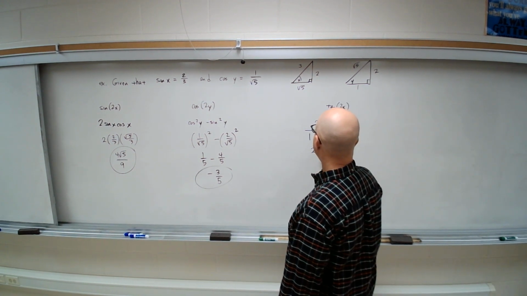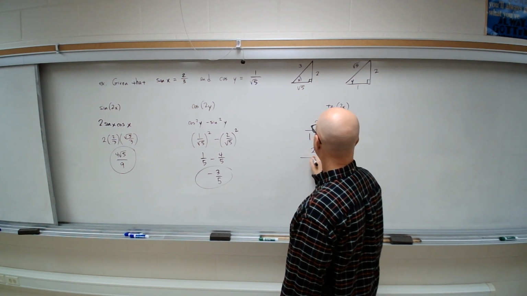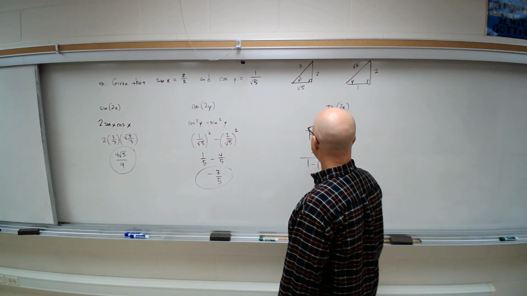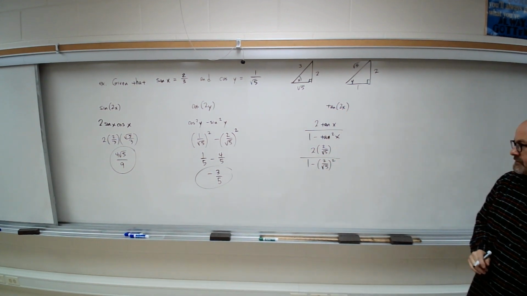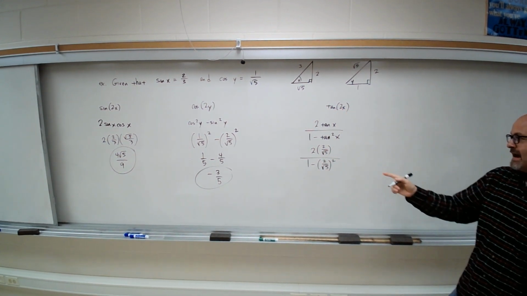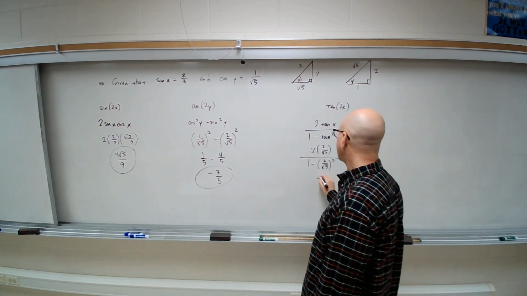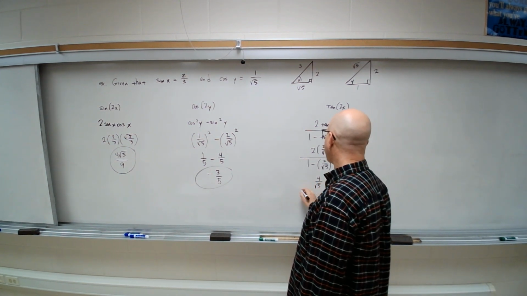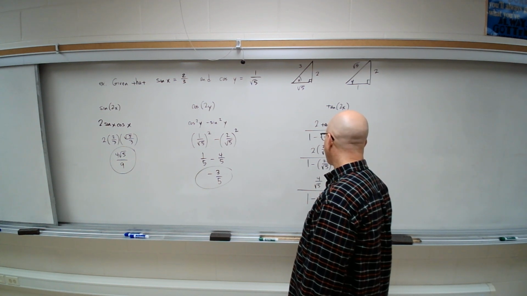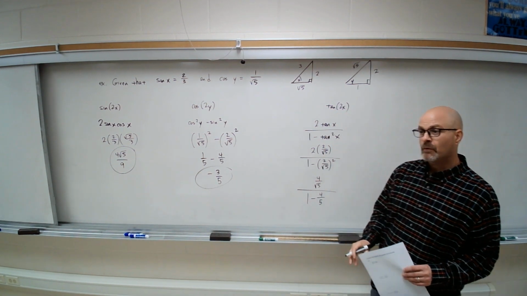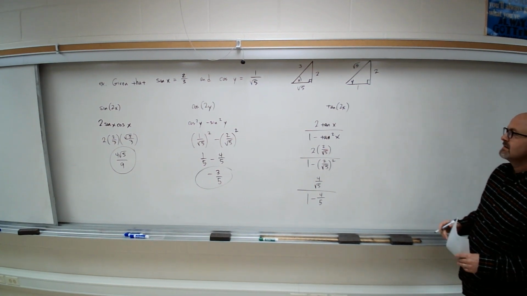So 2 times 2 over radical 5, and then 1 minus 2 over radical 5 squared. Once we do that, I'm going to simplify the numerator, which is 4 over radical 5. The bottom is 1 minus 4 over 5, just 1/5.